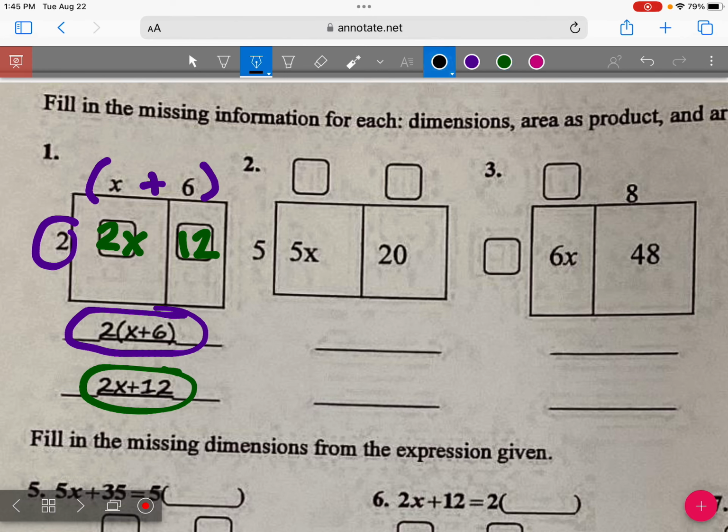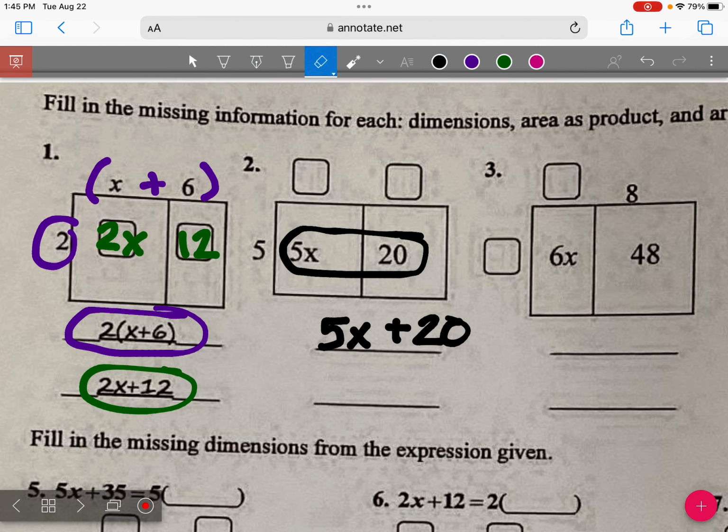So this second one, they've given it to us as a sum. That's these guys. 5x plus 20. No, positive 20. Yeah, so on the outside, when we pull our common factors, we're going to have an x here.